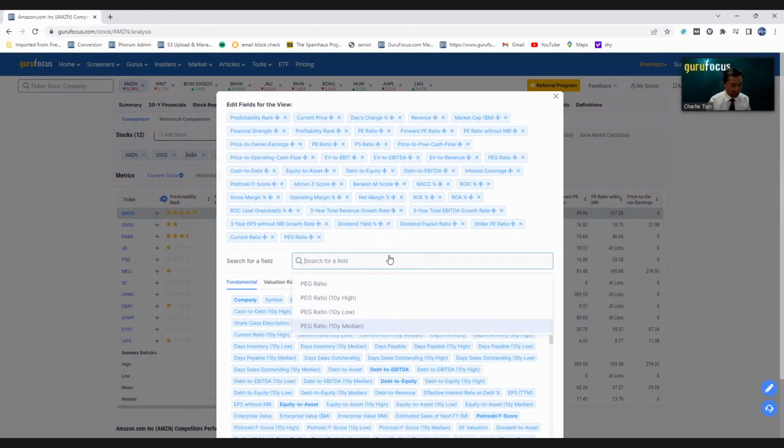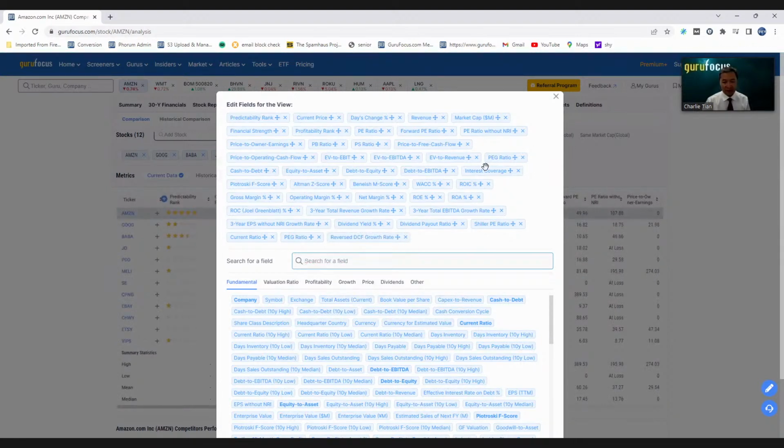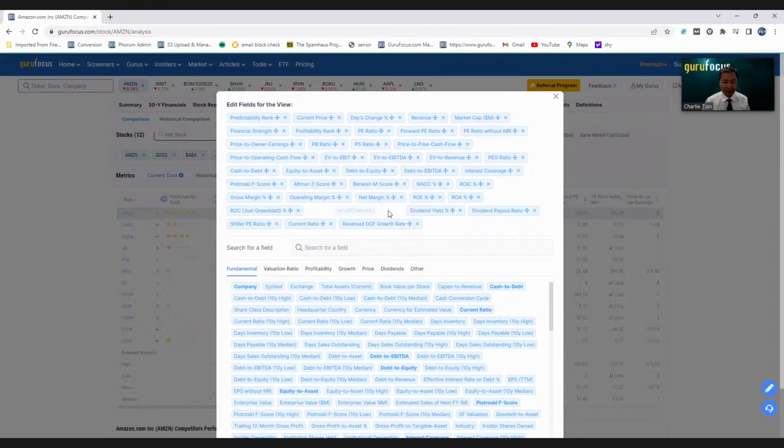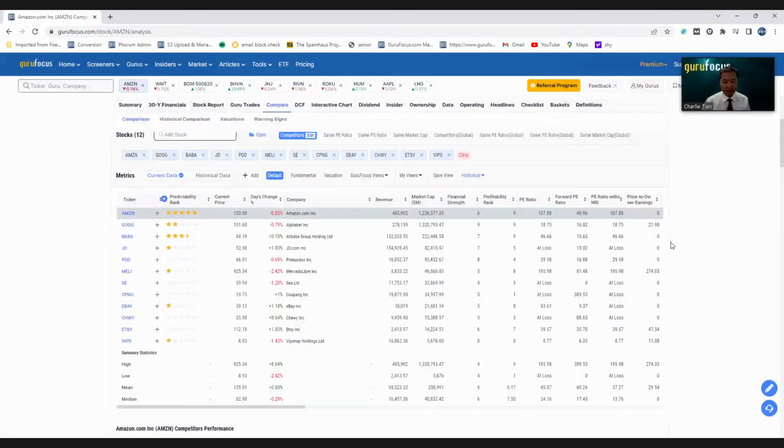Okay, the reverse DCF, I think it's called, let's try it. Reverse DCF growth rate, yes, it's here. So you just add them here. You can remove the ones you don't want by simply clicking on the cross here. And then if I like it, I confirm it.